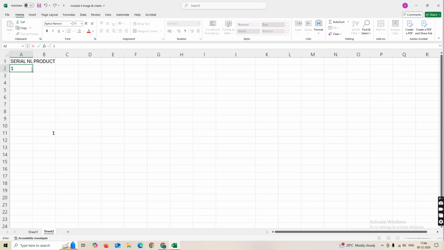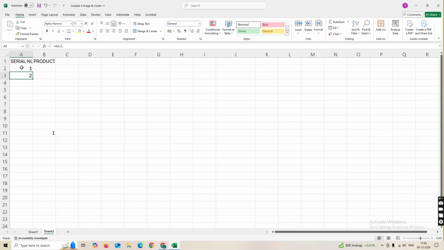Now this is A2, correct? Then we go to A3. Here, can we do two? It's equal to. So one we had to do as it is, and on the second cell we had to put the formula. Can we do A2 plus 1? I'm just making this formula by myself. This is nothing mathematical. But what I'm trying to do is A2 plus 1. It is 2, correct?